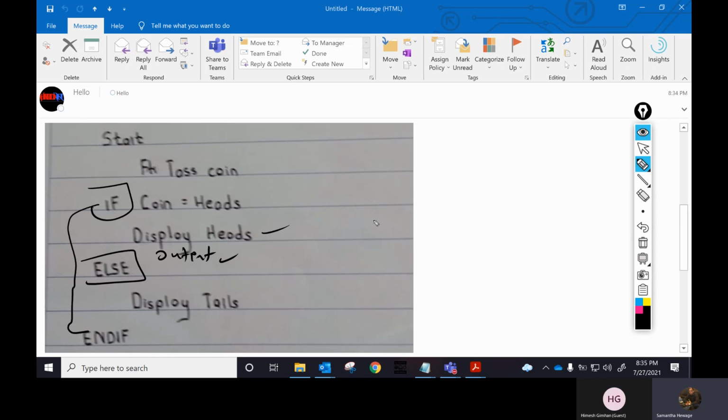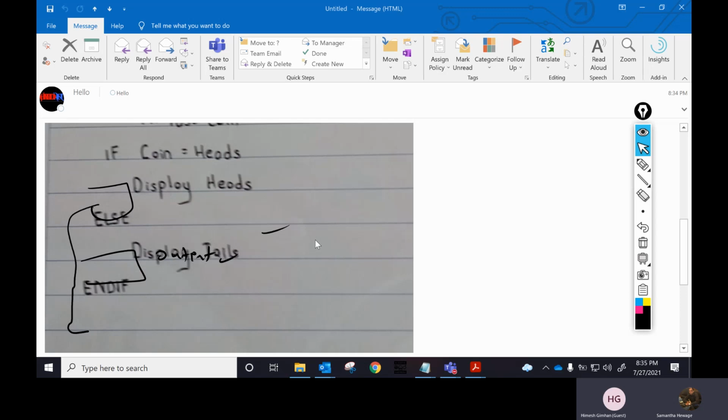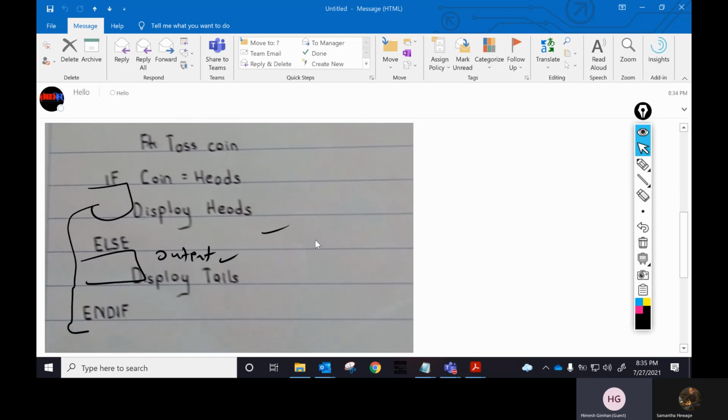Good, right? Sir, I have seen some pseudocodes that display endif like three times. Why is that? They use it multiple times because they have many conditions. Here, this is only one condition.